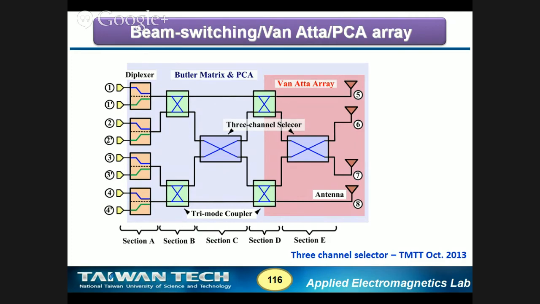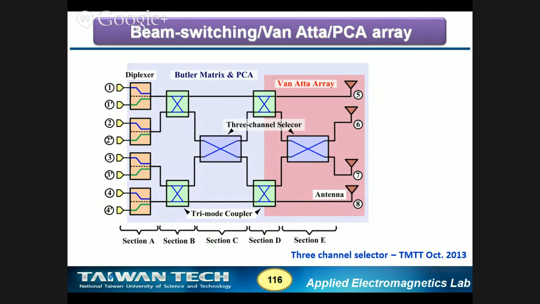So I could share this work with you. It is uncomplicated, just take a close look at it. It still follows the topology of a Butler matrix. Okay, this is the branch line coupler, and this is a crossover, branch line coupler, crossover, and we also need a diplexer here. Why do we need a diplexer here?